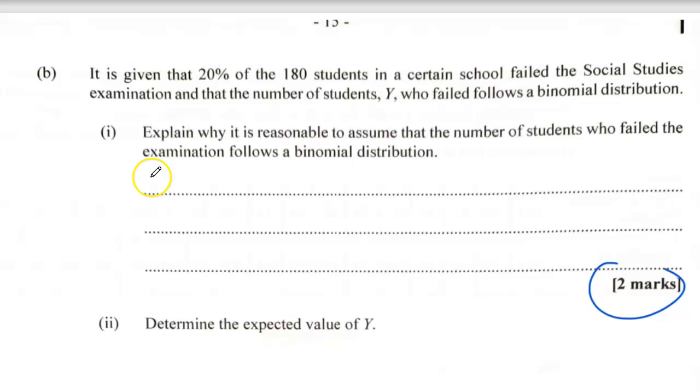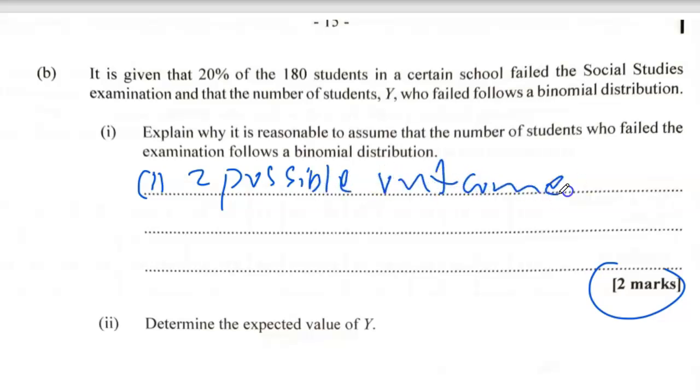Notice we have 2 possible outcomes. So one of the reasons is we have 2 possible outcomes, pass or fail. Also, the finite number of trials. In this case, the students who sit the exam will be the trials.